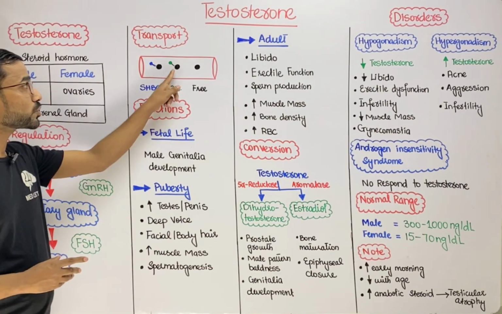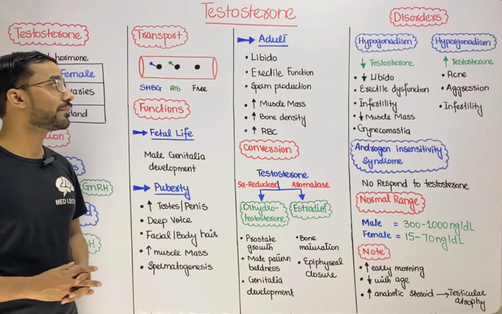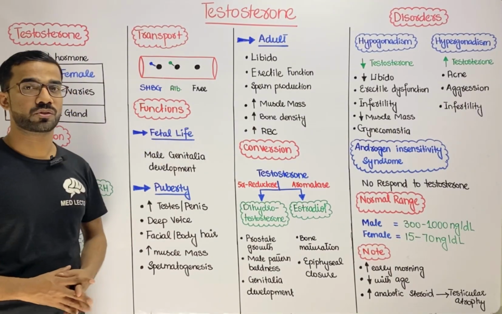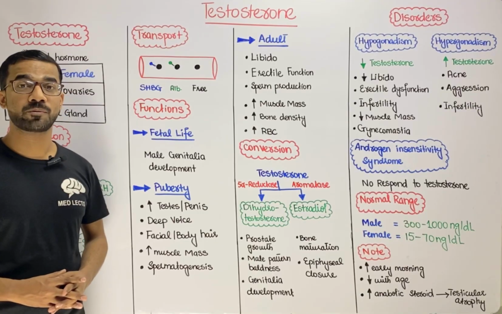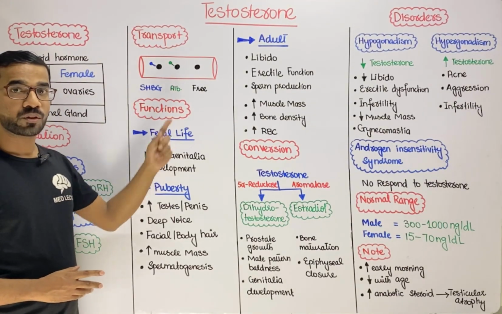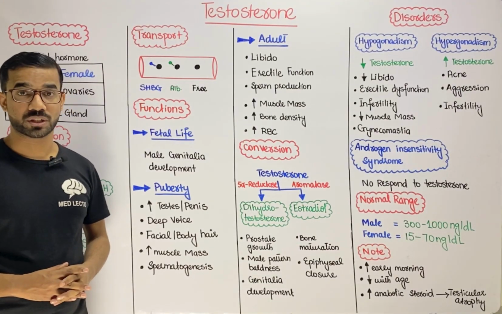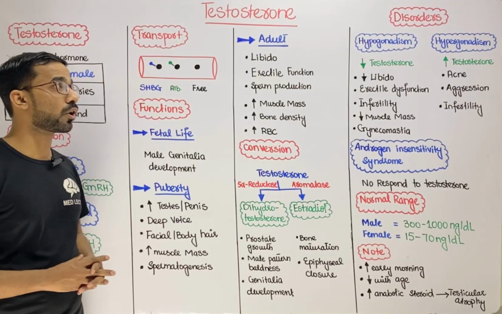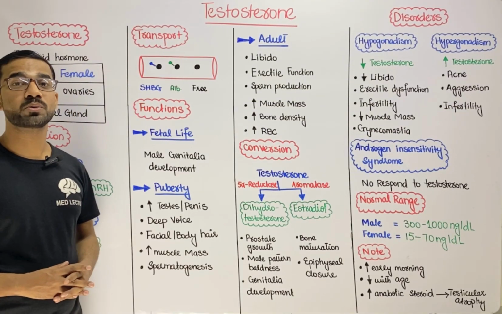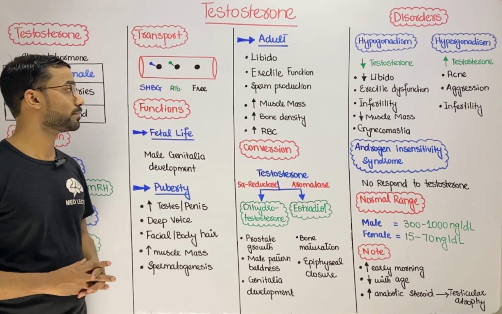Second, testosterone can also bind to another protein, albumin. And the third method is free testosterone. But the important thing to remember is that the two bound forms of testosterone will be inactive. They will not perform their functions. But free testosterone obviously will perform its function. So that is the important thing regarding testosterone.